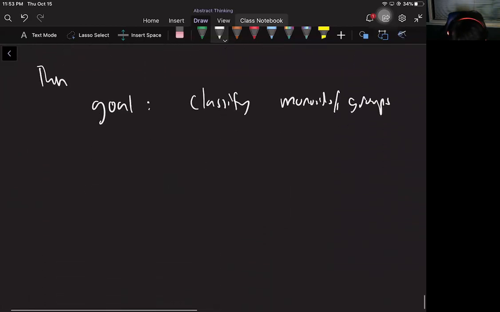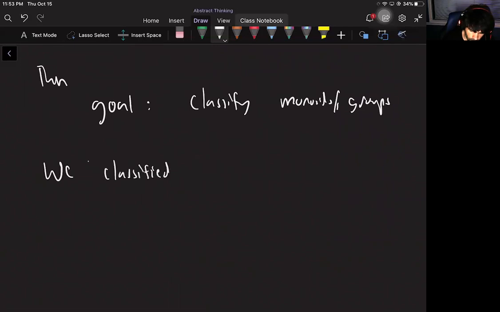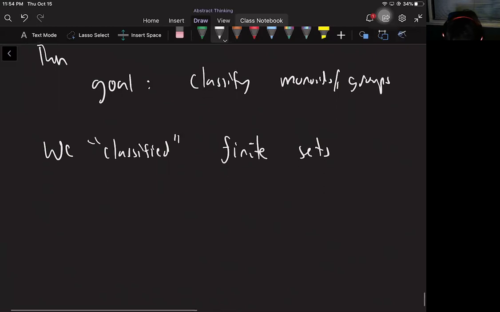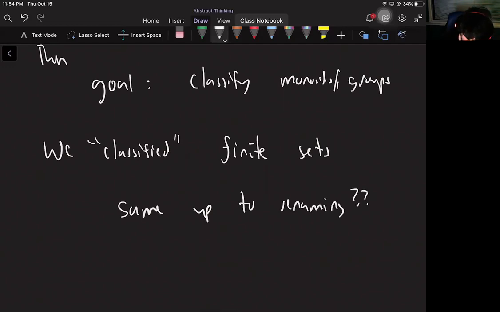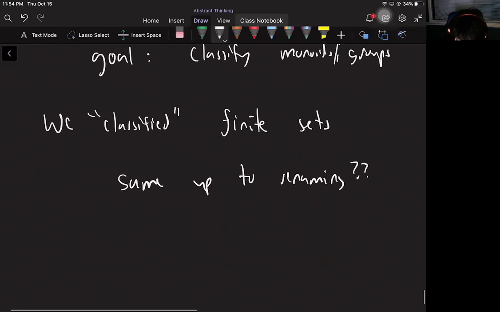Stuff like that. So what we've done, we actually classified finite sets. So what it means to classify is it means to say when are two the same? And we're able to do that. Or when are they the same up to renaming? When are they actually the same, but with different names?